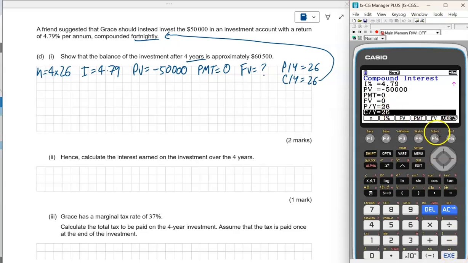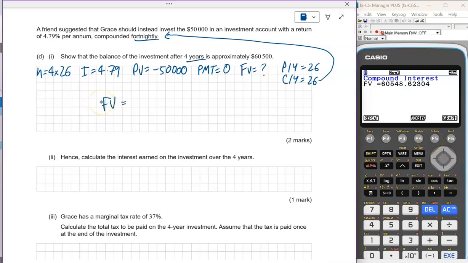And here we're trying to work out the future value, which is exactly $60,548.62. So that's how much she'll have in her account after 4 years. The question then says, hence calculate the interest earned on the investment over the 4 years.